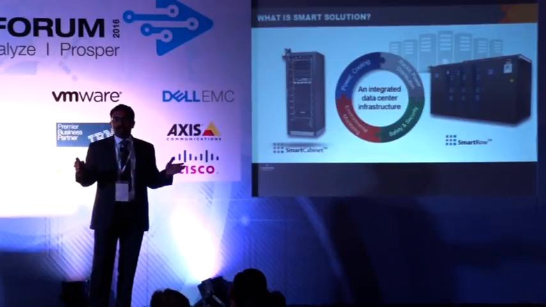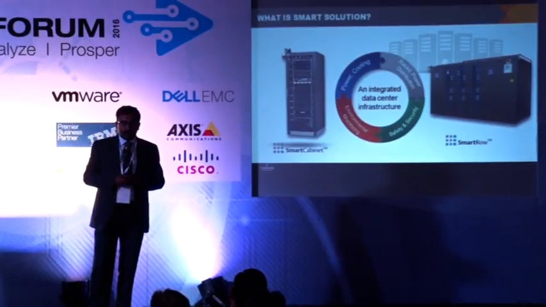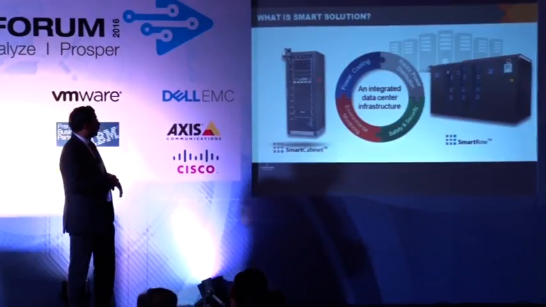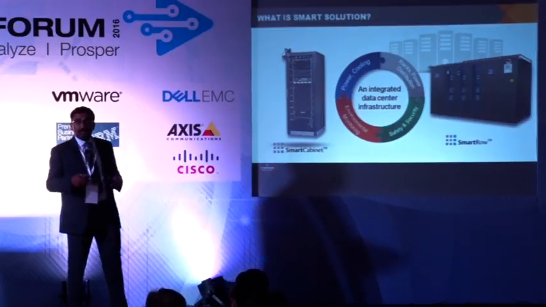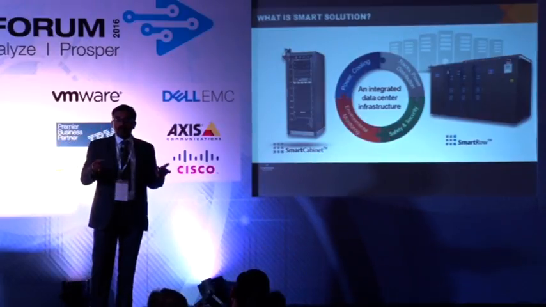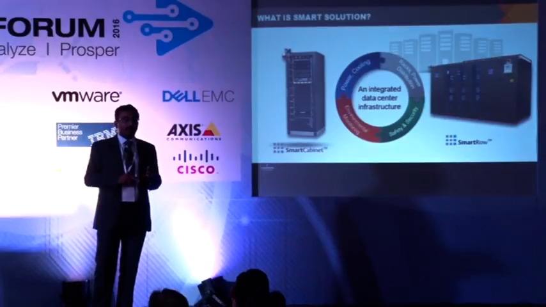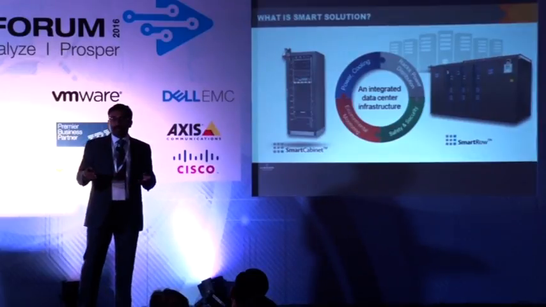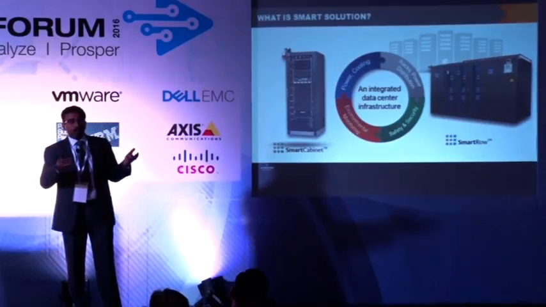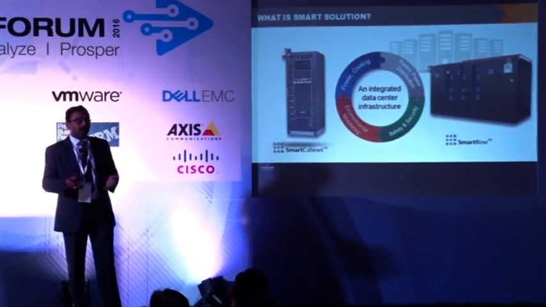So we are trying to make a smart solution which has power, cooling, rack, power distribution, and also two important components you see here, environment monitoring. Monitoring is an important part where you have to monitor your temperature and humidity. You also have smoke detection, water leak detection, door opening sensors, and a lot of other features.